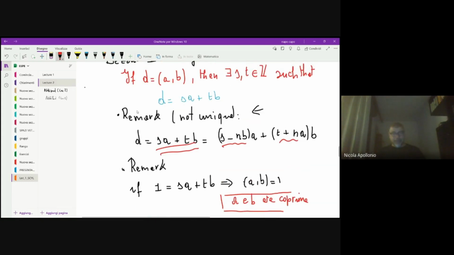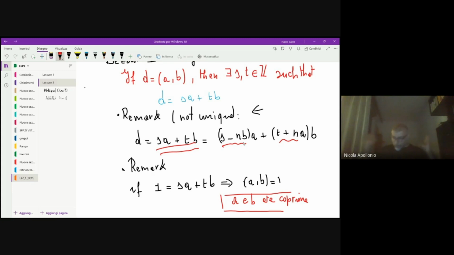And so the Bezout identity defines D as a not uniquely determined linear combination of A and B. Good, but it defines D as a linear combination.